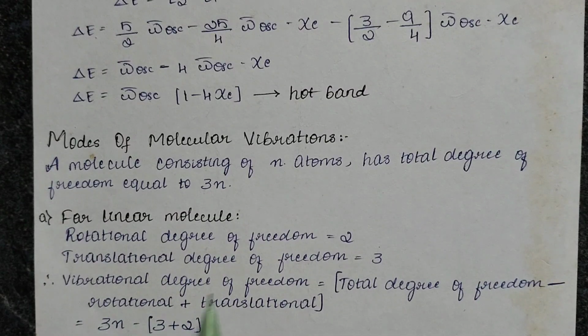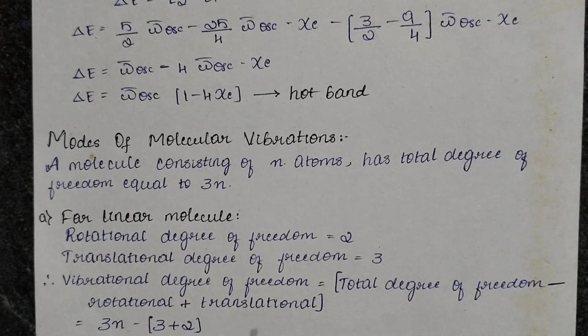To calculate the vibrational degree of freedom, we have the equation: total degree of freedom minus rotational plus translational degree of freedom. This is a general equation for any kind of linear molecule. As we saw, any linear molecule will have a rotational degree of freedom equal to 2 and a translational degree of freedom equal to 3.